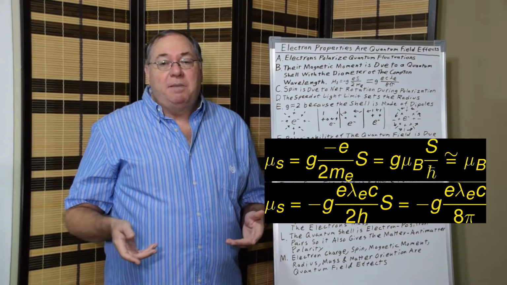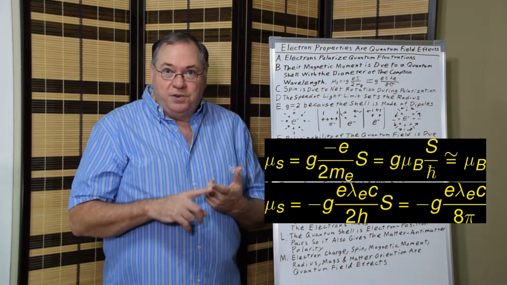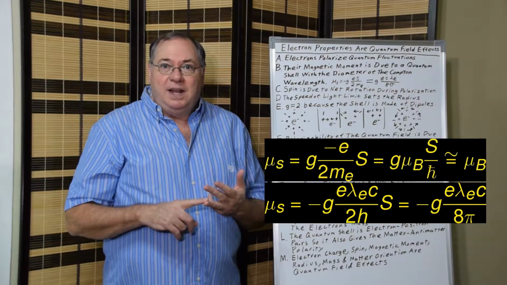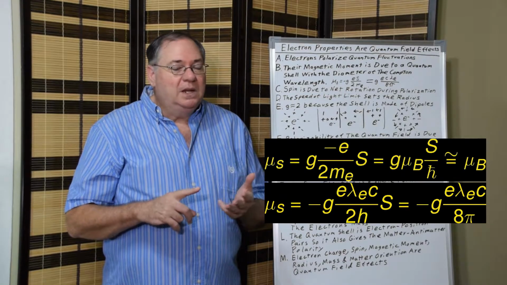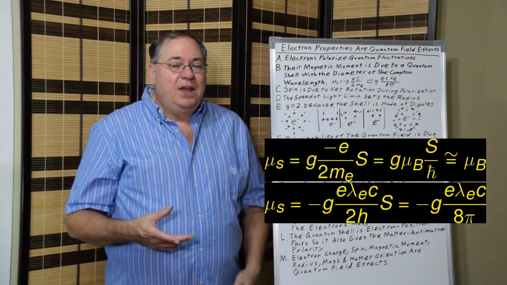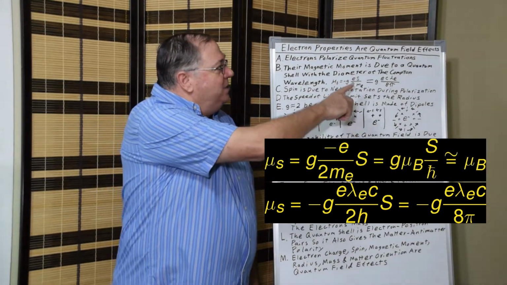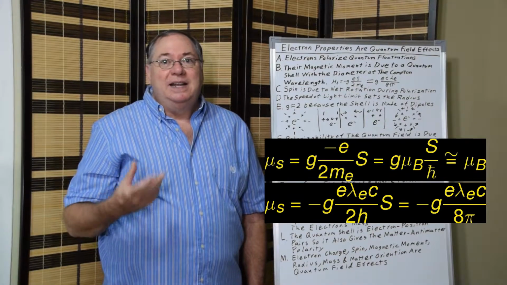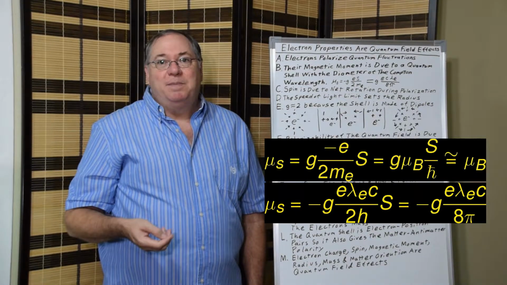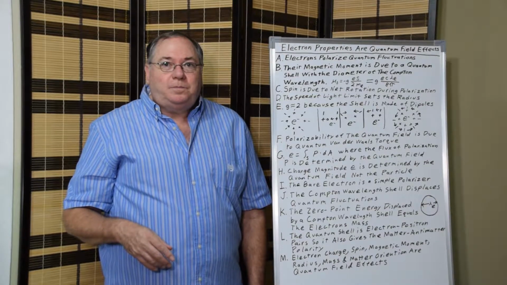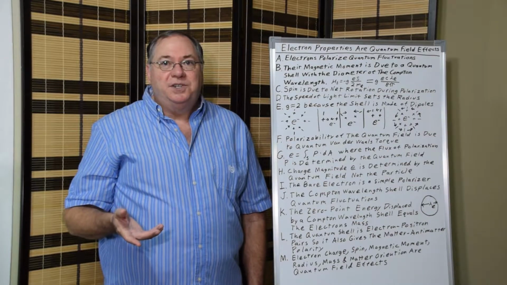Because when you calculate magnetic moment, you need to know the charge, you need to know the radius, and you need to know the velocity. So if we reorganize the equation, that's what we get. We get g times e times c, the speed of light, times the Compton wavelength, divided by 8 pi, where that's a geometrical term.